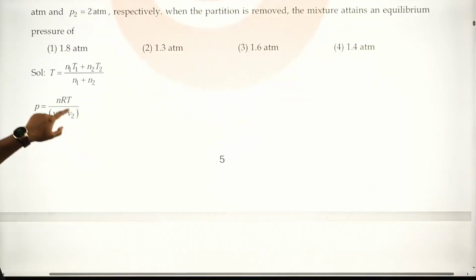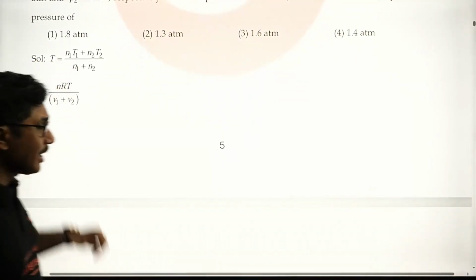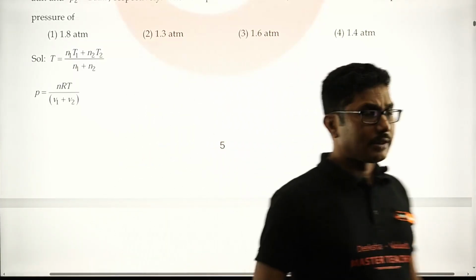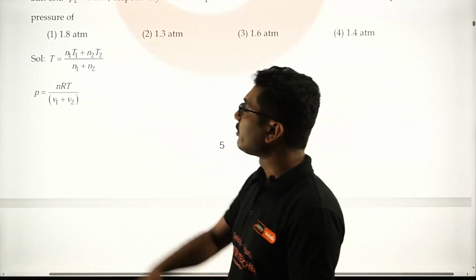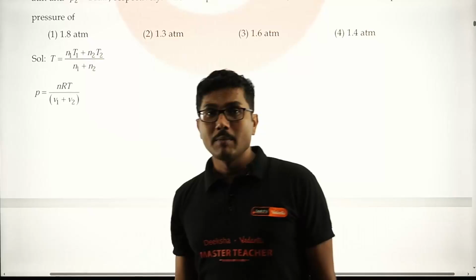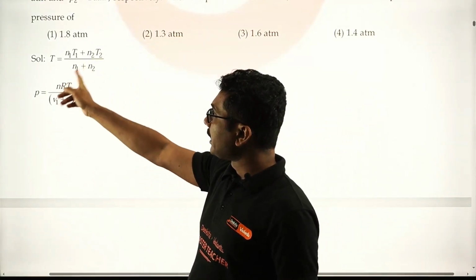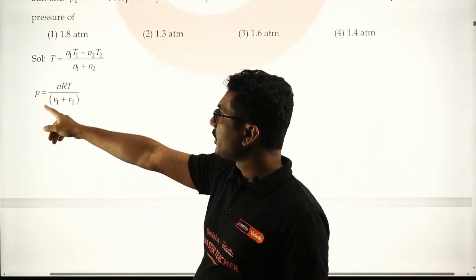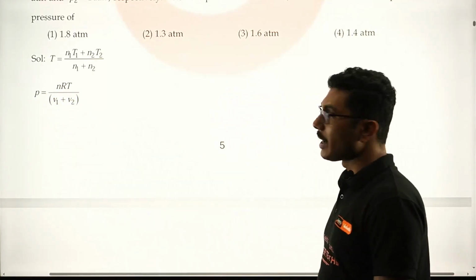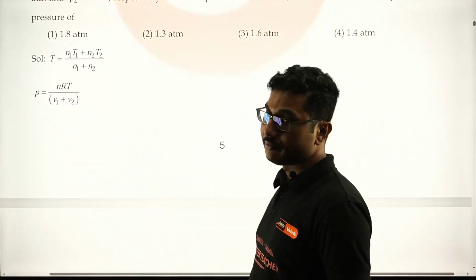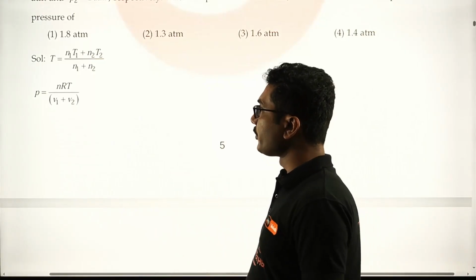So first of all, you have to calculate the equilibrium temperature. You cannot calculate the equilibrium pressure directly. First you have to calculate the equilibrium temperature, (N1 T1 plus N2 T2) divided by (N1 plus N2). After you calculate the temperature, you have to calculate the pressure equals nRT divided by (V1 plus V2), where V1 is the volume of the first chamber and V2 is the volume of the second chamber.